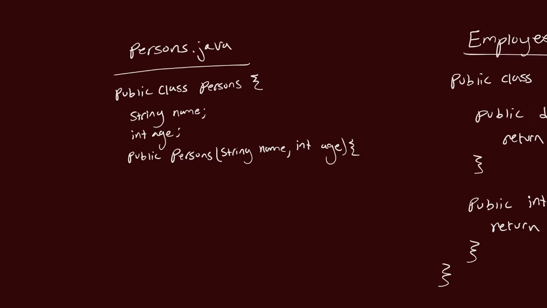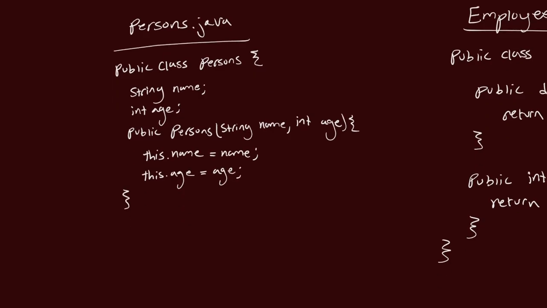And so we do this dot name equals name, and this dot age equals age, and we'll return these.